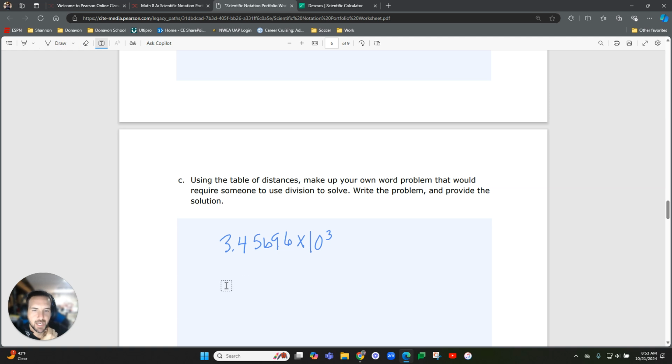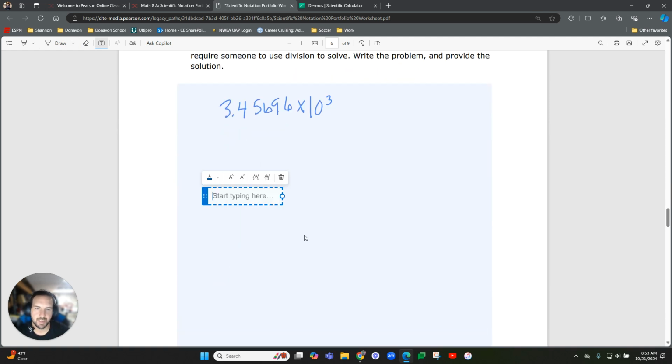Okay, so I'm going to make up my word problem now. So we're going to type this down here. You are flying from Los Angeles to Tampa, but halfway through, let's expand this out so you can see what I'm typing. Halfway through the flight.